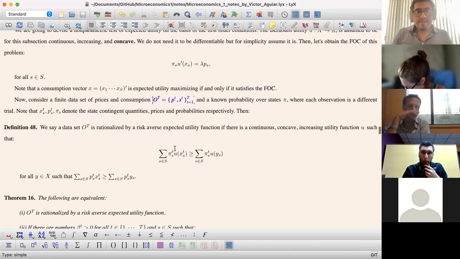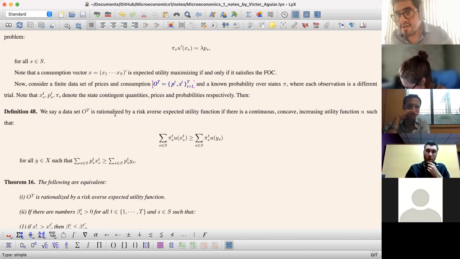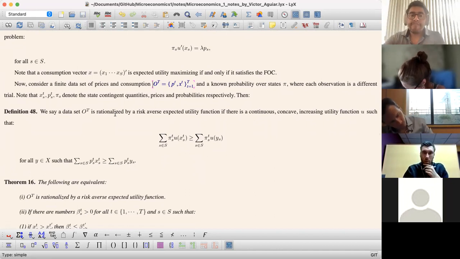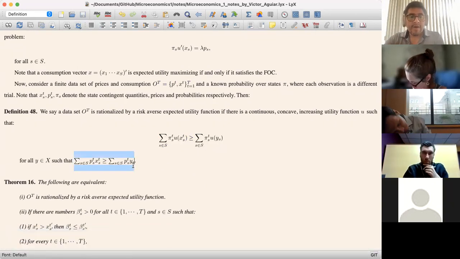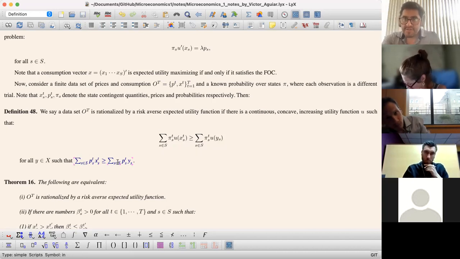Now, if I have that data set, we say O sub T is rationalized by a risk-averse utility function, that is, a concave Bernoulli utility, if there is a continuous concave increasing utility function U such that the expected utility of the observed commodity bundle X sub T is greater than or equal to the expected utility of any other commodity bundle Y sub S that is inside the budget, such that P sub T times X sub T, summed over states, is greater than or equal to P sub T times Y sub S. So what have I changed from Afriat's theorem here?